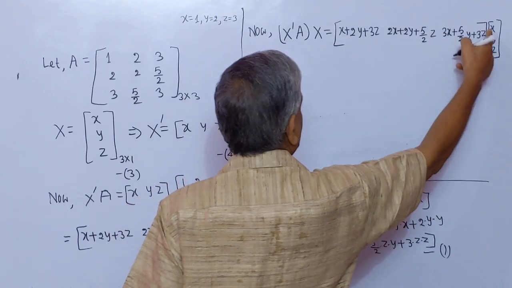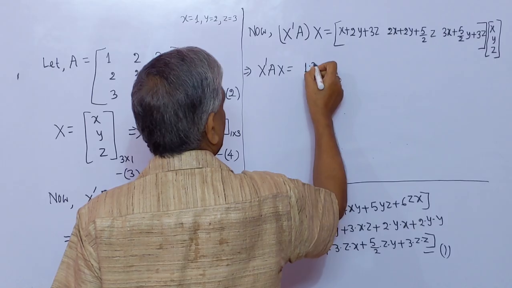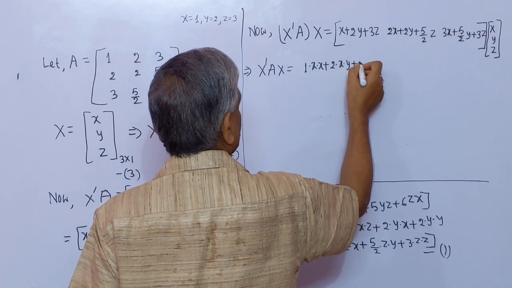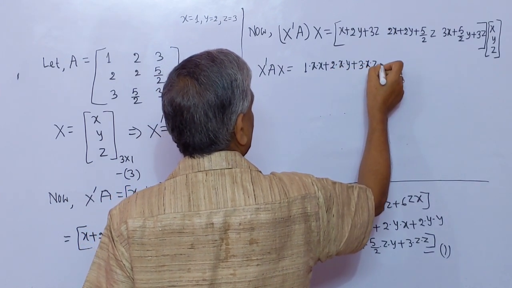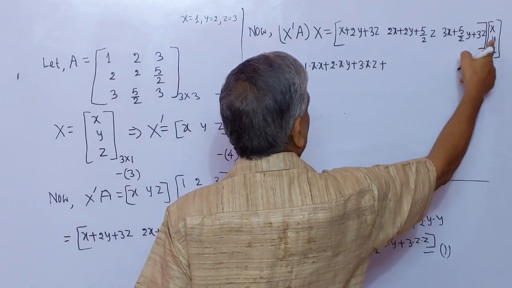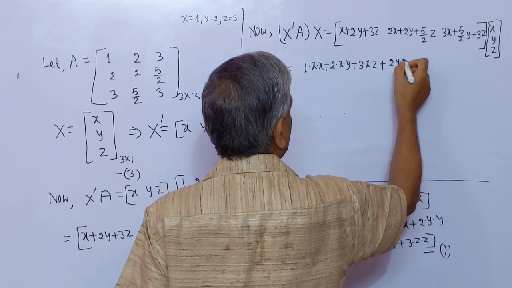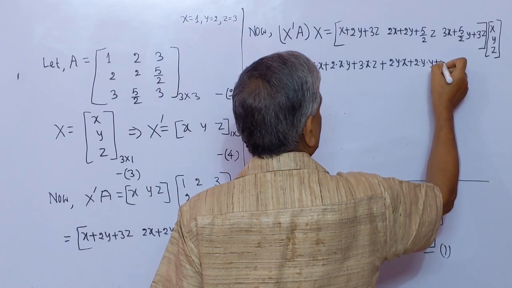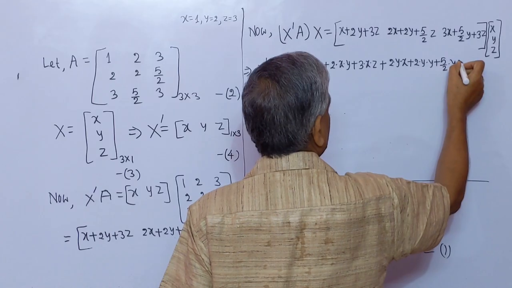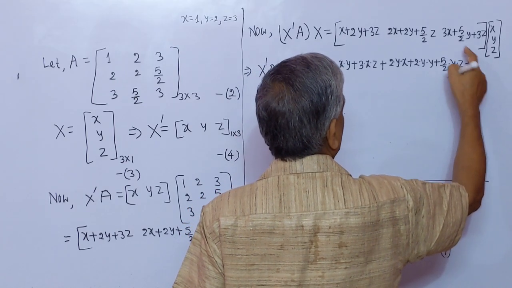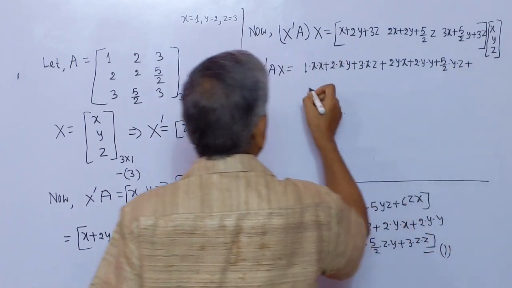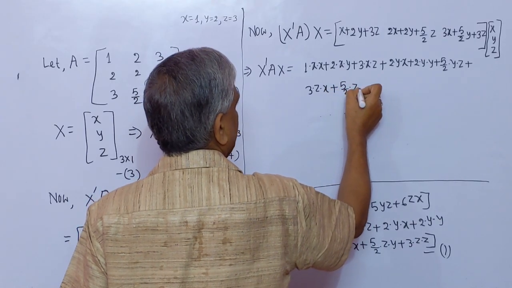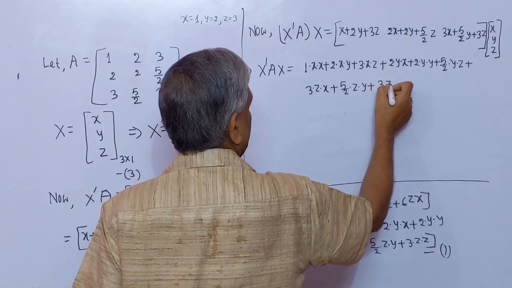Firstly we multiply this and x: 1 multiply x multiply x plus 2 multiply x multiply y plus 3 multiply x multiply z, plus we multiply this and y: 2 multiply y multiply x plus 2 multiply y multiply y plus 5 by 2 multiply y multiply z, plus we multiply this and this: 3 multiply z multiply x plus 5 by 2 multiply z multiply y plus 3 z multiply z.